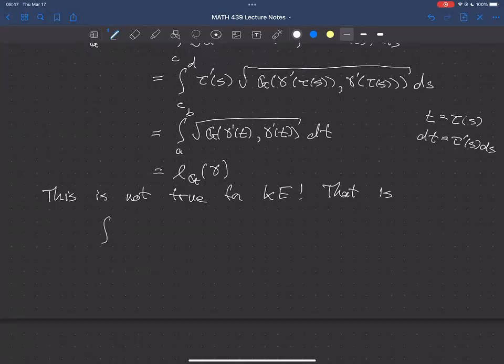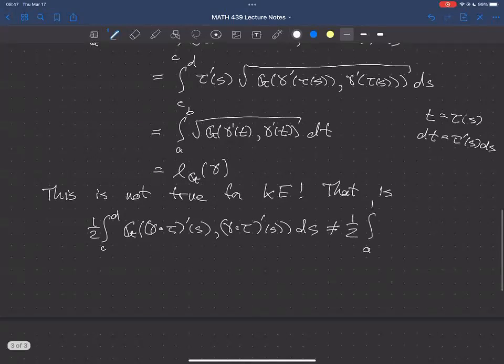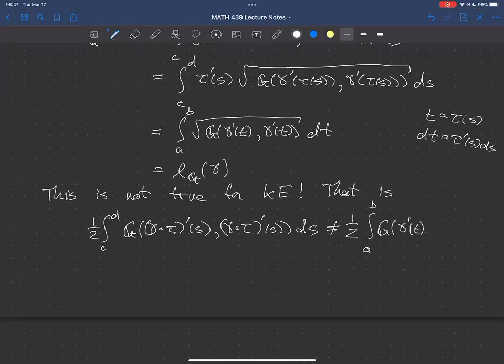I mean that the integral from C to D of the kinetic energy, which is 1/2 G of gamma composed with tau prime of S, gamma composed with tau prime of S ds, is not equal, generally, to 1/2 the integral from A to B of G of gamma prime of t, gamma prime of t dt.